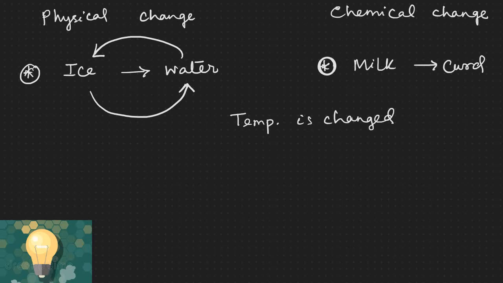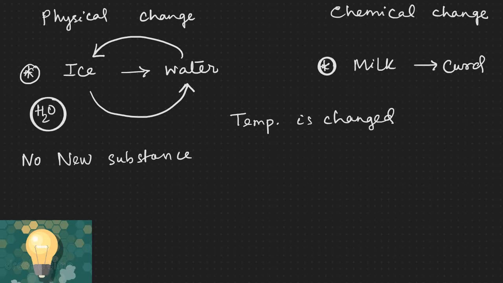What it would be? The physical change means no new substances are formed. No new substances. Okay, so you may be thinking that yes, there is a change of state, but water, ice, steam, they all represent only one particle, that is water, H2O.